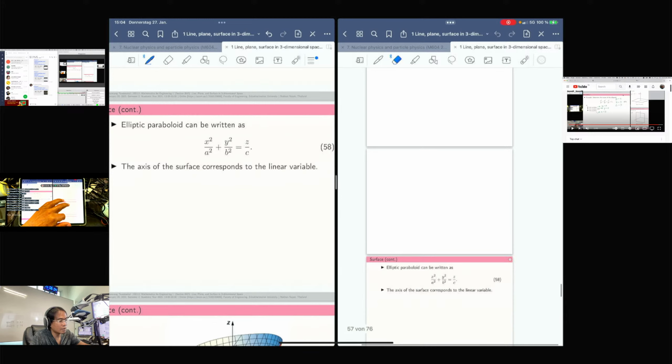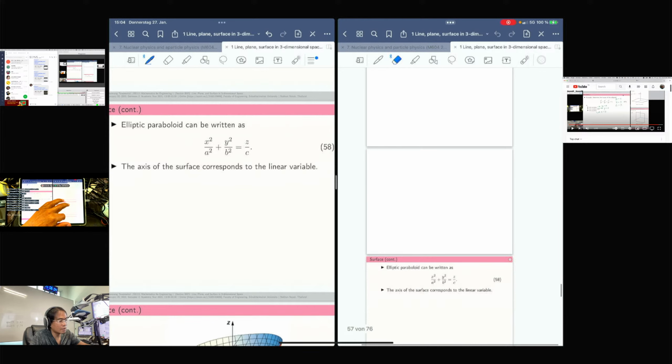If z appears as a variable with only a single power, it means the hat is going to cover the z axis. If y has power 1 and z is on this side, the hat will cover the y axis. If y and z are squared here but x has power 1 on the right of the equals sign, the hat will cover the x axis.